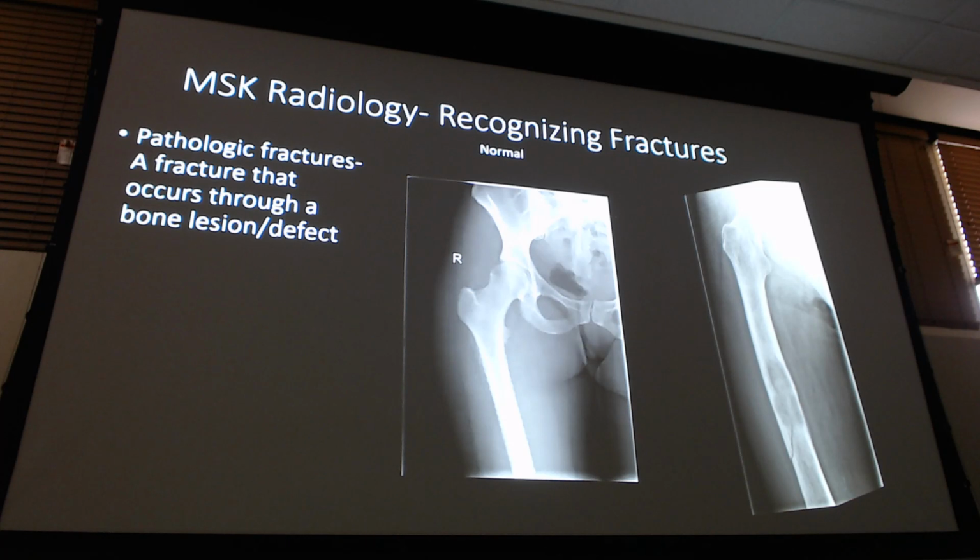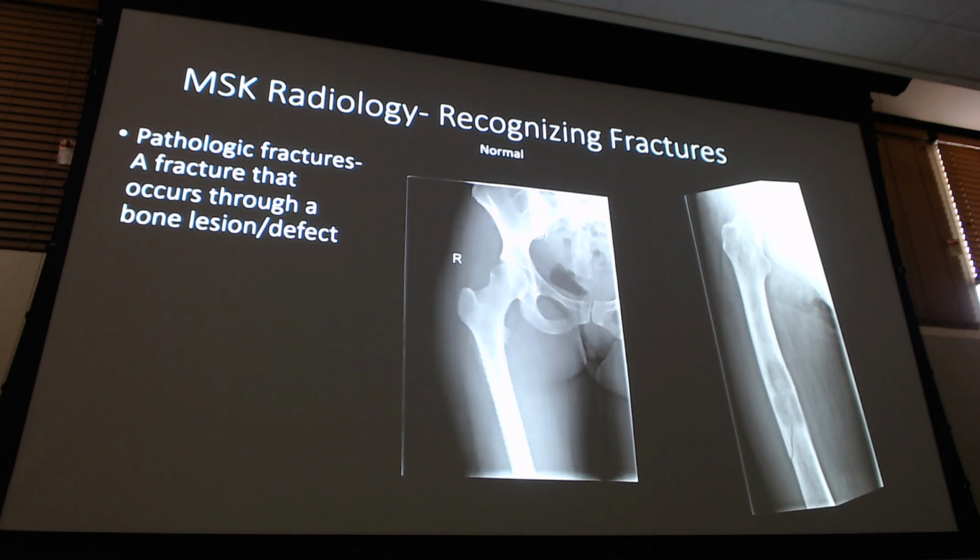This is one of the more simple ones here. A pathological fracture is a fracture anywhere that goes through some type of pathology. That's it. So, what is this here? If we see the medullary area, I have this area of radiolucency in the bone. It's some type of bone lesion because it looks different than the rest of the medullary canal.